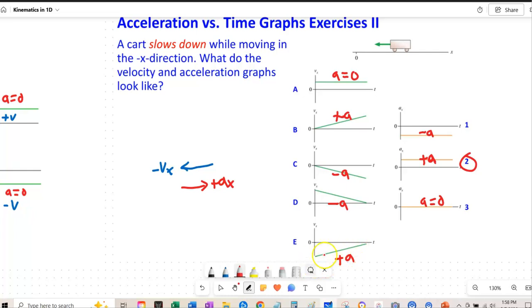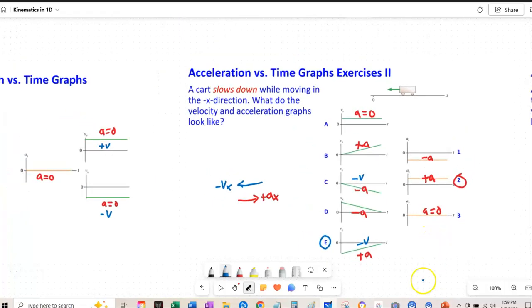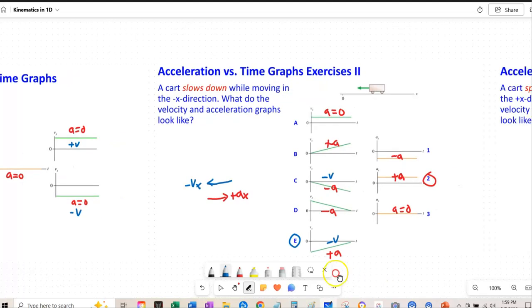So C or E could match it, but we also need a positive slope. So C is a negative velocity, and it has a negative acceleration. E is also a negative group of velocities, but a positive acceleration. So E and 2 are matching. Let's try another one.